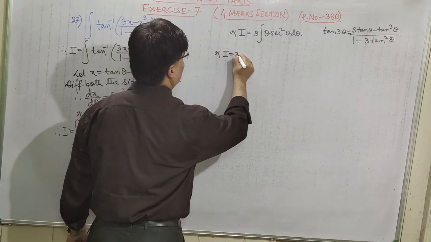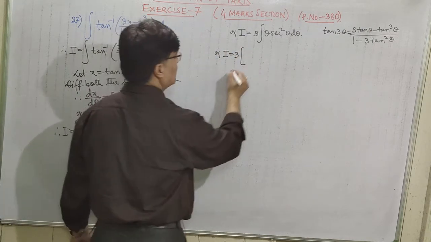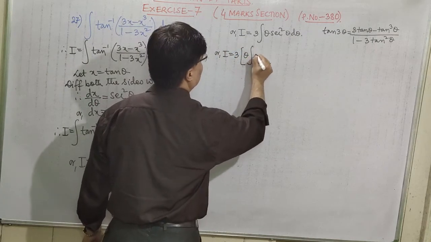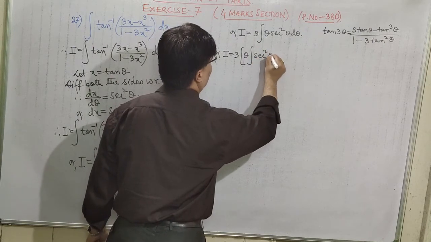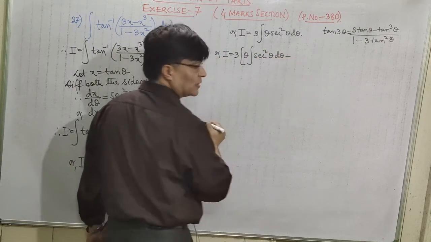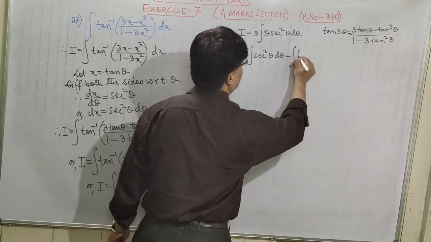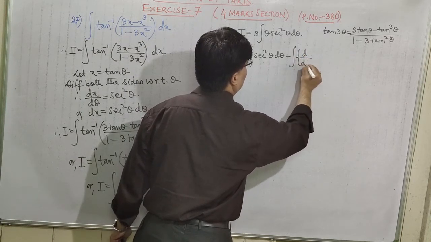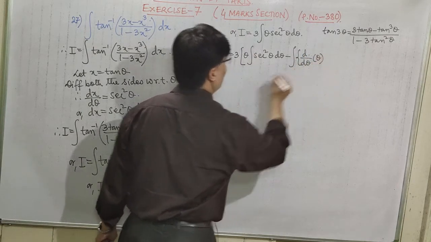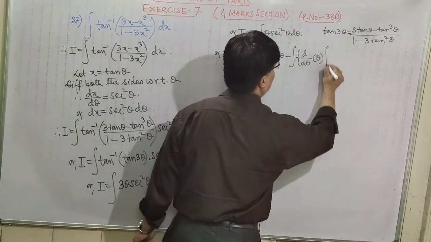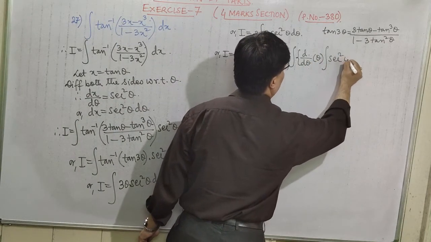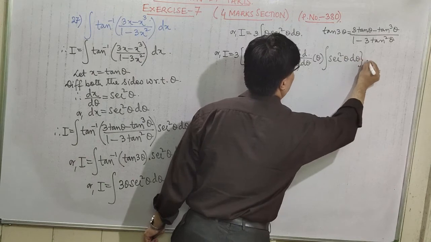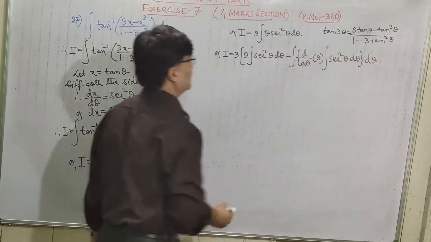Or I is equal to 3 within third bracket, theta is taken outside, integration of sec square theta d theta, minus integration of second bracket d by d theta of theta, then integration of sec square theta d theta, second bracket closed, d theta.